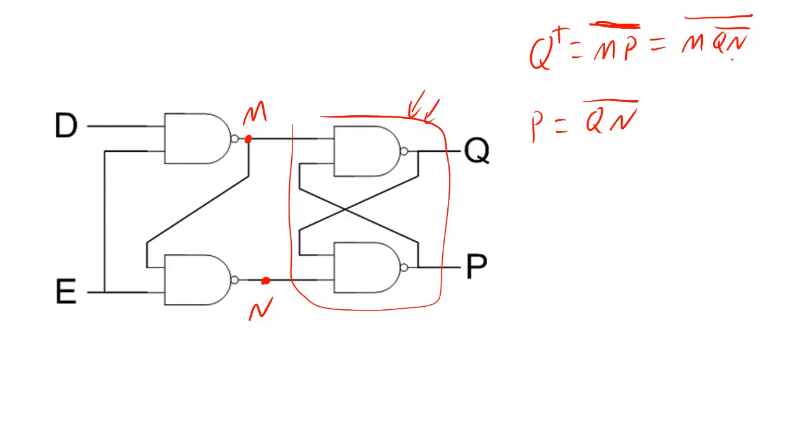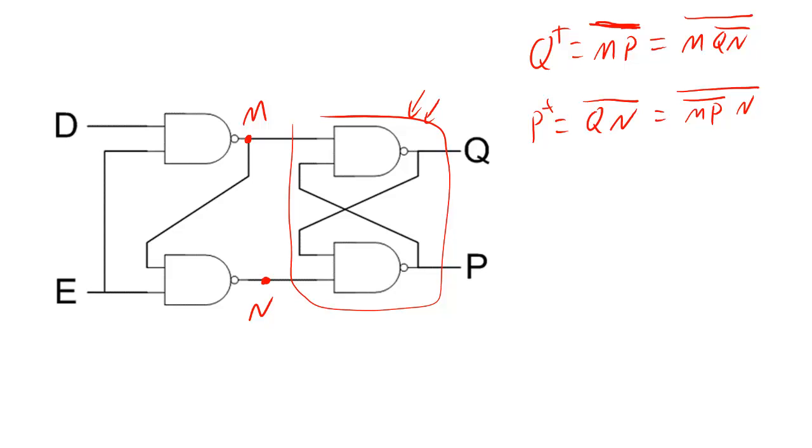And so this should give us our overall behavior. We could also do a back substitution here. Substitute Q in for P, so P plus is going to be equal to M, P NANDed with N bar.